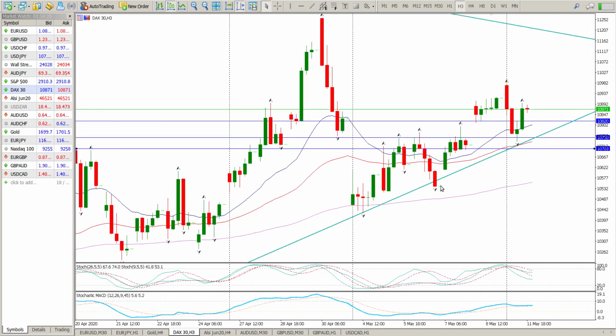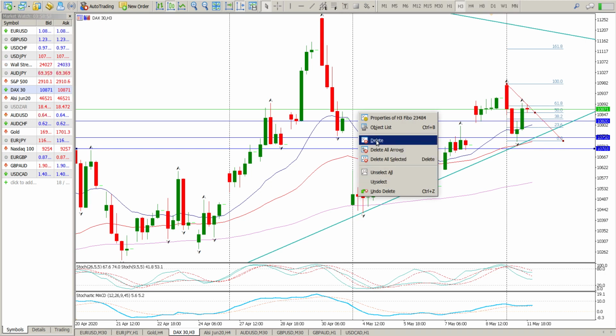We did have this break close and break below it. That was last week. And since then we tested it yesterday. And now we've come back up, more than likely into a Fibonacci level, right onto the 61.8.